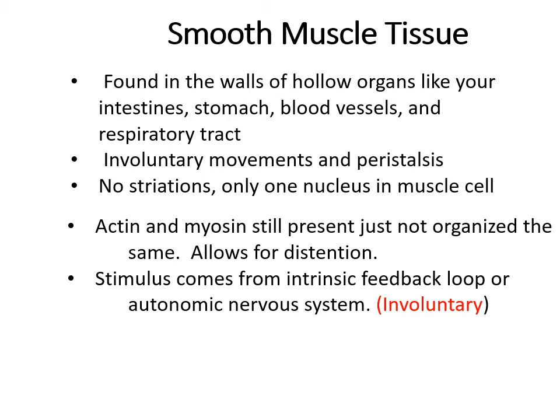Okay, there's no striations in them. They're much less organized than the skeletal and cardiac muscle. There is still actin and myosin, just not in the same organization. Okay, and smooth muscle allows for distension, right?